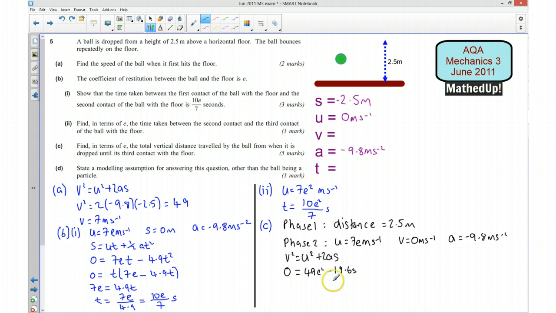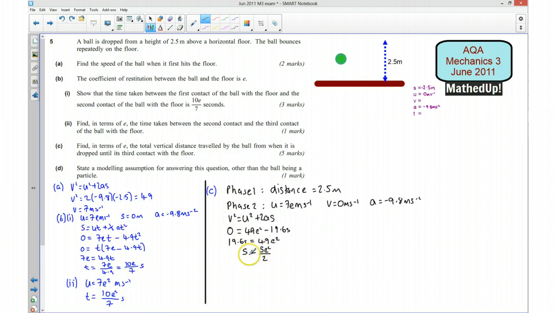So that means 19.6s is equal to 49e squared, and s is equal to 49e squared over 19.6, which is 5e squared over 2. Okay, so I'm just going to tidy things up a little bit to give myself a little bit more room. Okay, that's better. So s is equal to 5e squared over 2.